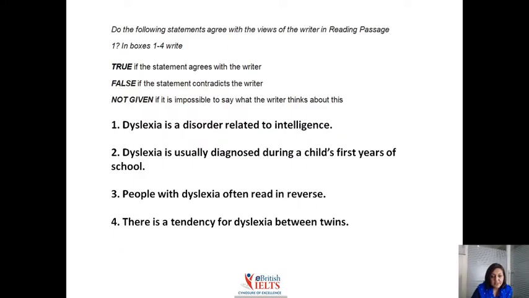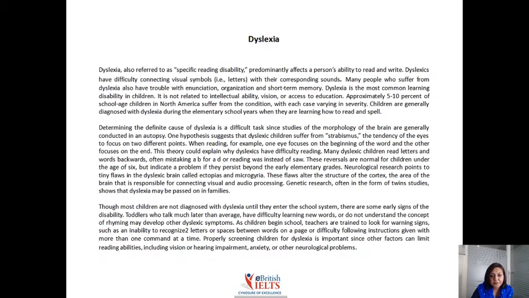Question number 2. Dyslexia is usually diagnosed during a child's first years of school. Now I'm going to go back to the unmarked text and try to find it ourselves.